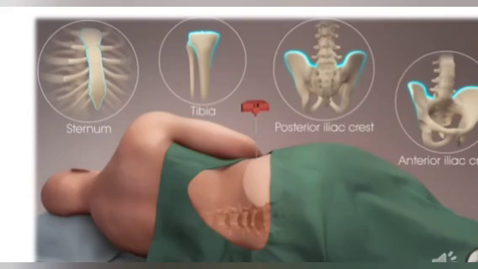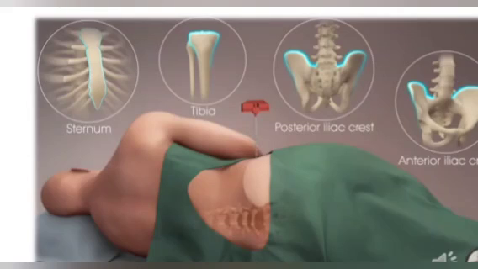The first one is the site for bone marrow aspirate, and usually the sites for bone marrow aspirates are sternum, posterior superior iliac spine, iliac crest, anterior superior iliac spine, spinous process of lumbar vertebrae, and in infants, the upper end of the tibia is the ideal site for marrow aspirates.